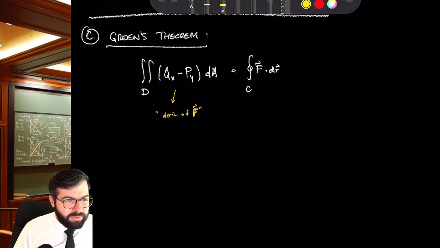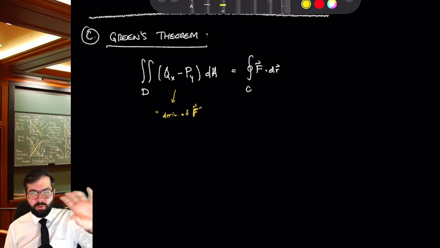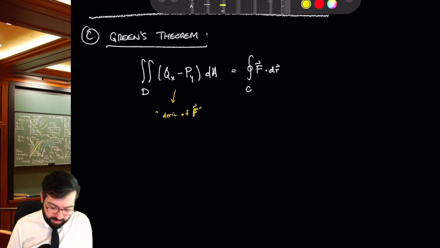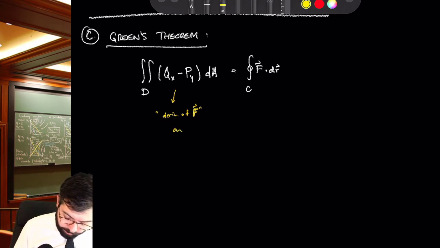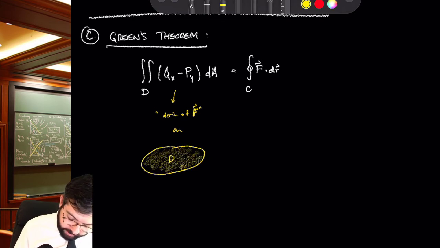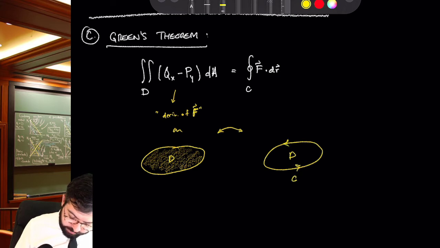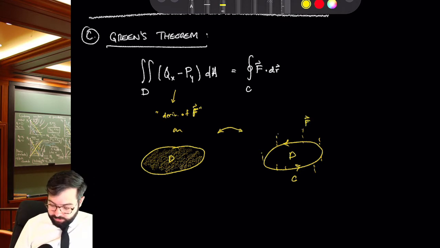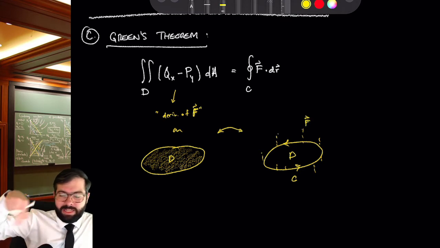And the curl is like a derivative of the vector field. It's the gradient crossed with big F. So this is kind of a derivative of F on a region D. And this equation relates it to the line integral around the boundary curve of D. Here's C. And we're looking at and integrating the heights, so to speak, of big F, the values of the vector field on the curve on the outside.